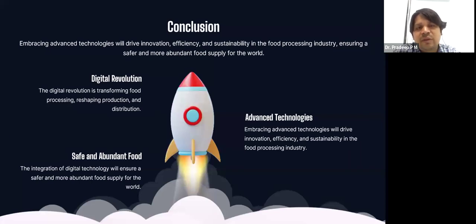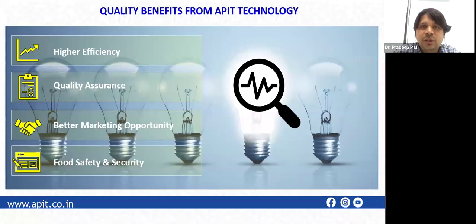So this digital revolution is very essential for the upcoming production of any grain for that matter, but particularly paddy in our case. So by using these advanced automation systems, AI and ML technologies, and involving systems where they can go with the continuous or batch-wise process, we can have higher efficiency in the industry, and we can have better quality assurance because there is very less manual interference. So this provides better quality assurance.